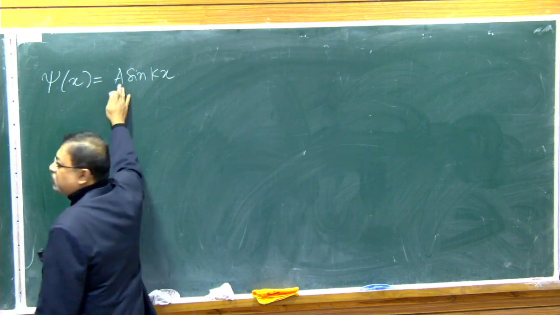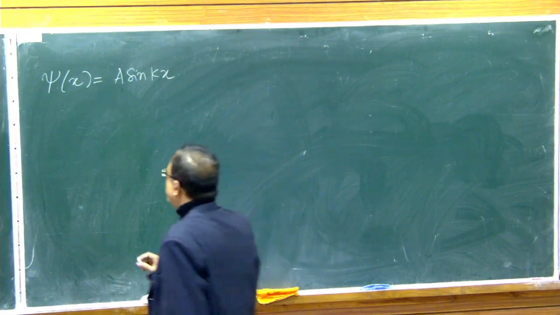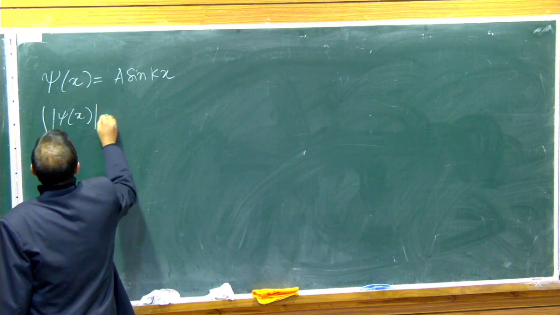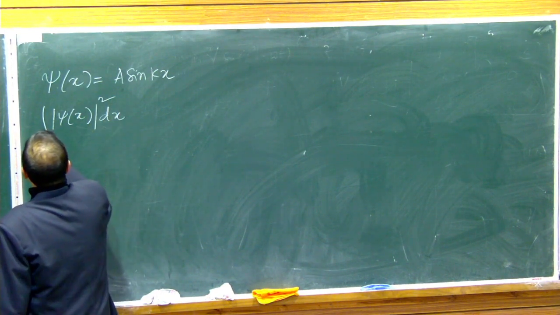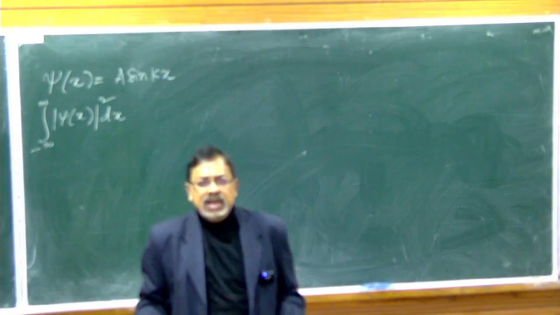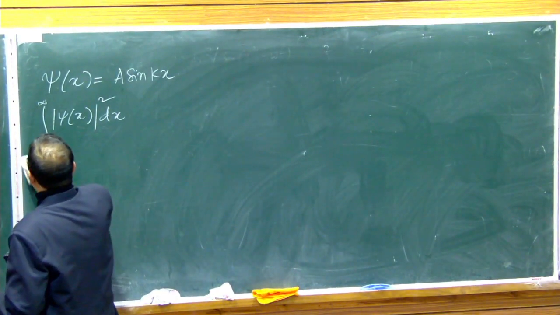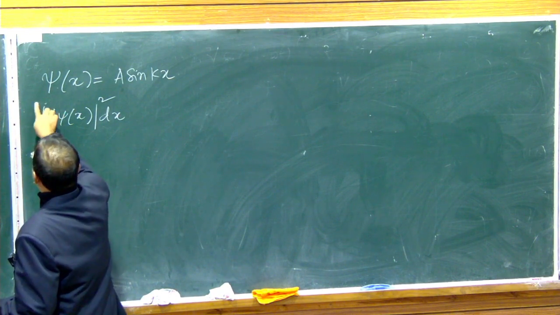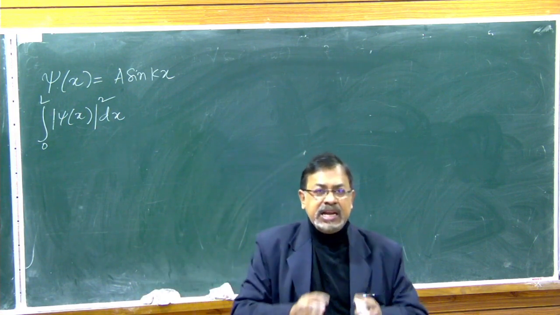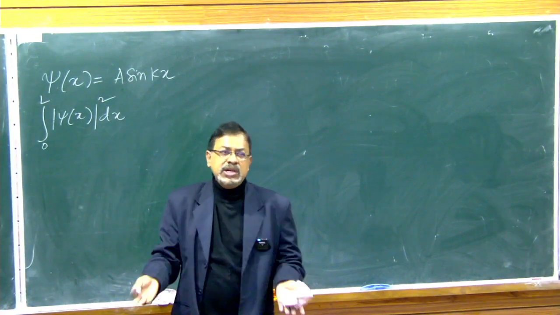And how do we calculate A? Now you invoke the normalization condition. We simply invoke it by integrating from minus infinity to plus infinity. But in this case, my region of integration could simply be 0 to L. It's actually from minus infinity to plus infinity, but from minus infinity to 0, the wave function is identically equal to 0, so I don't need to consider that region.